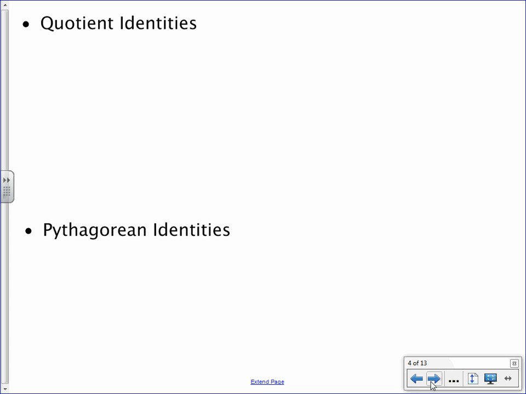Let's talk about the quotient identities. You already know these. I want you to think of the unit circle. When do we use a quotient to find something?